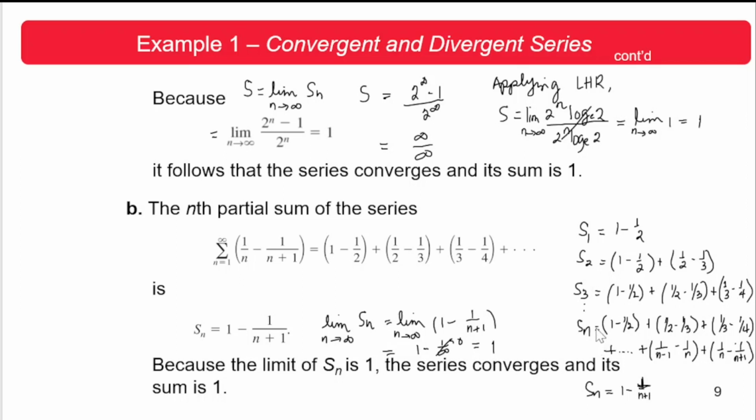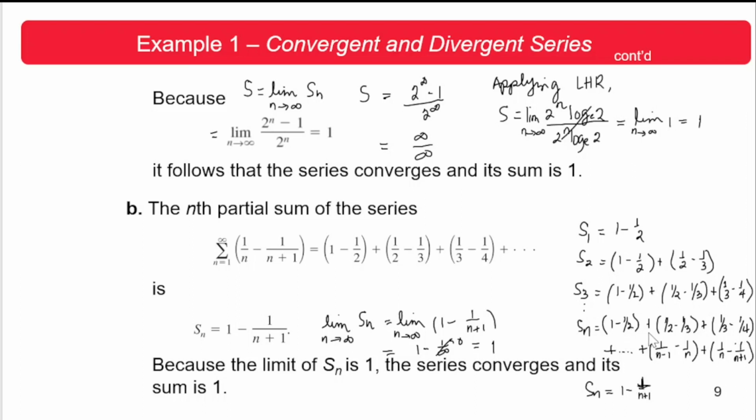So the sum of the n terms, or the nth partial sum, is 1 minus 1/2 plus 1/2 minus 1/3 plus 1/3 minus 1/4, and so on and so forth, up to plus 1 over n minus 1 over n plus 1, and so on.